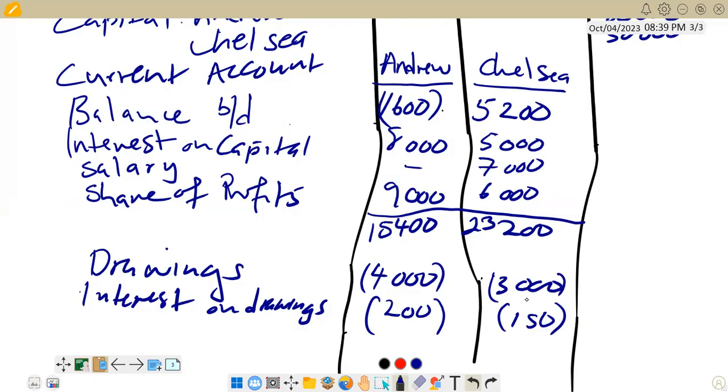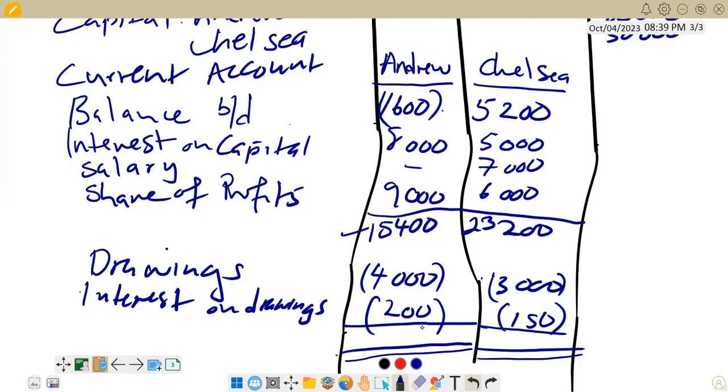And then after that, now we can get the balance at the end. So the balance here for Andrew, we are starting with 18,400. That's the total that we got there. Then we subtract 4,000, subtract 200.